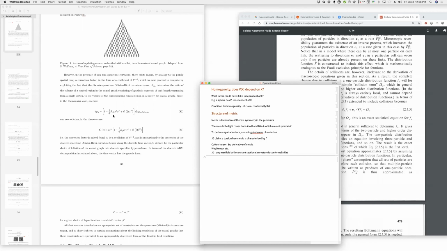if it's independent of X, then V sub R of X is just a function of R. What form can that function have?